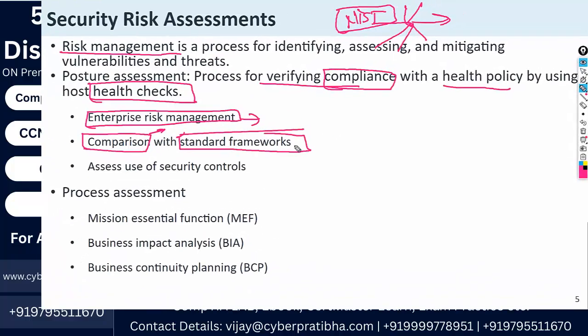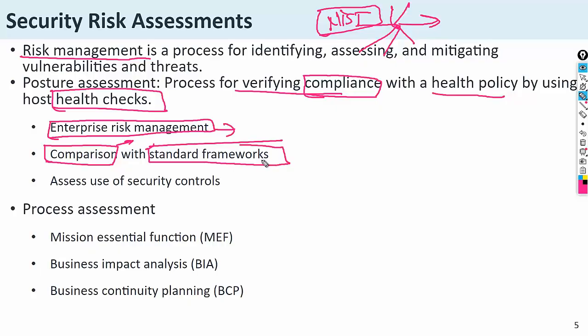All of you know about the standard, because a standard has predefined policies, procedures and guidelines, and also the use of security controls, meaning you will have to control the security. Security controls have different types, like managerial control done by the management, operational control and technical control.